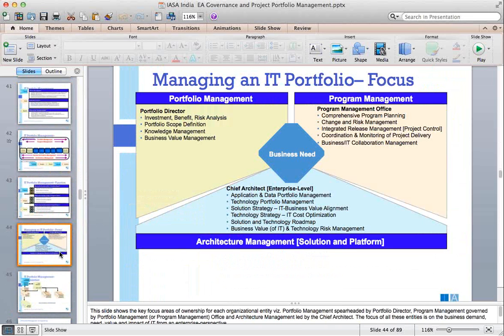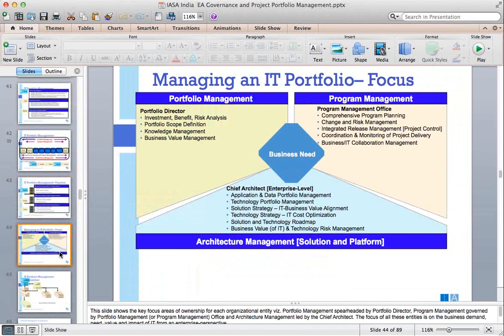The fourth bullet being why we exist at all to manage the portfolio. While keeping the business needs central, the programs are related with the portfolio and also with a chief architect at enterprise level directing the portfolio and the program management to deliver.